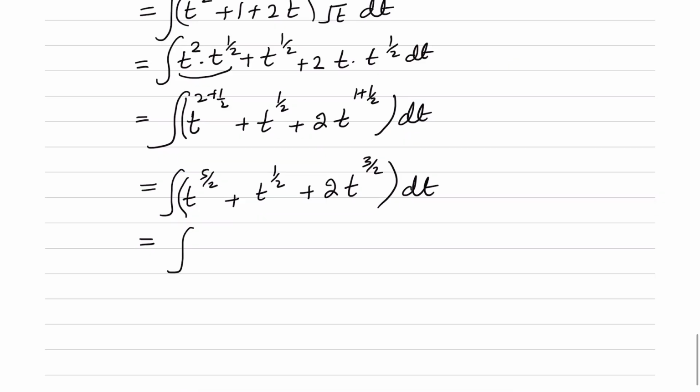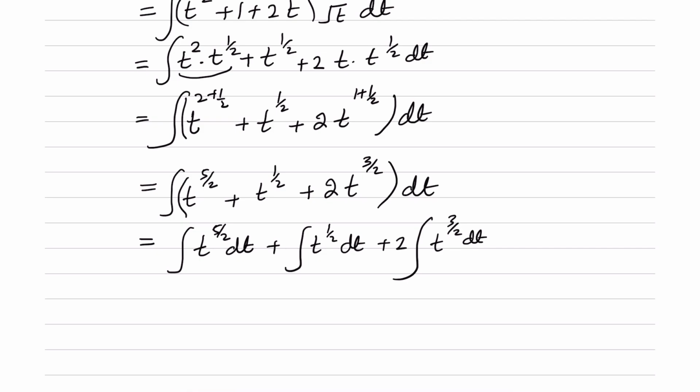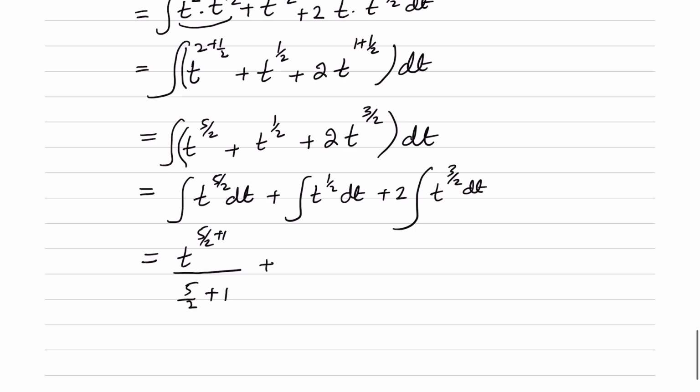Now let's separate these terms: integral of t power 5 by 2, integral of t power 1 by 2, and 2 is the constant outside, integral of t power 3 by 2. Let's find these integrals by the power rule of integration. T power 5 by 2 plus 1 divided by 5 by 2 plus 1, plus t power 1 by 2 plus 1 divided by 1 by 2 plus 1, plus 2 t power 3 by 2 plus 1 divided by 3 by 2 plus 1.